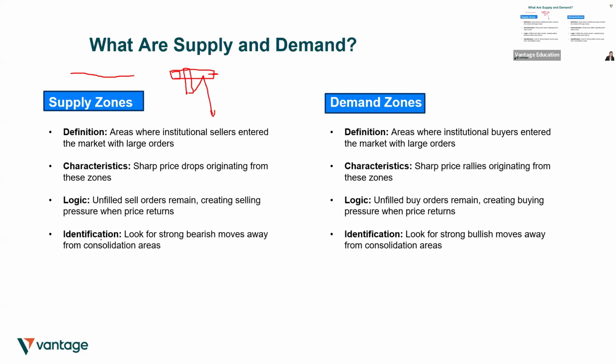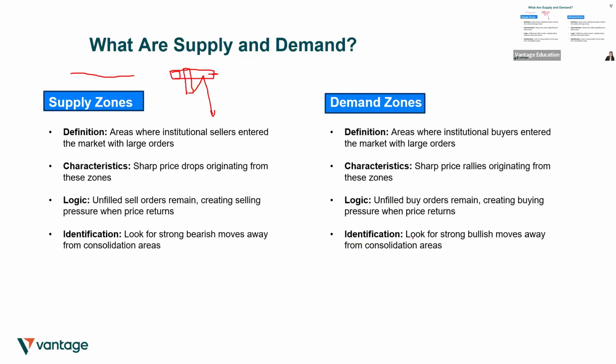Okay, identification: look for a strong bearish move away from a consolidation area for the supply. For the demand, basically it's the area where institutional buyers enter the market with large orders. Sharp price moves originate from those zones. Unfilled buy orders remain, creating buying pressure when price returns.